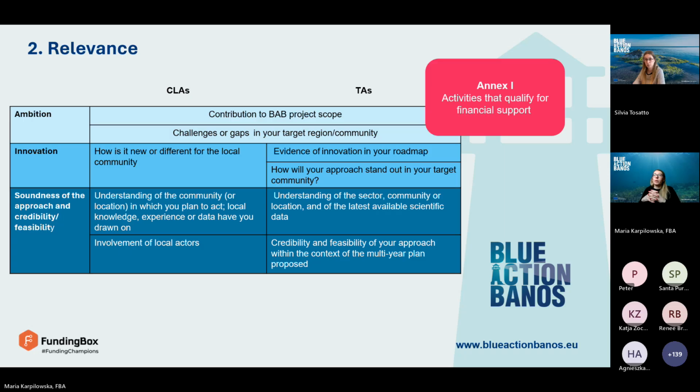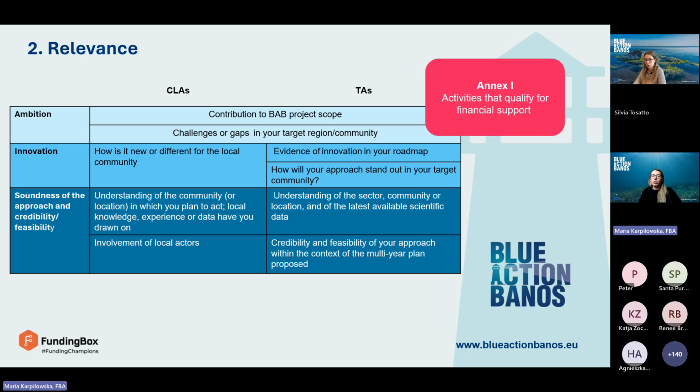So the text you put in this section of the proposal should show the evaluators that you really fit with the project scope, that what you propose is an eligible activity to be funded, that it's connected with Mission Ocean goals, that it's connected with BANOS region, BANOS area, and that you see a problem you are trying to solve within your region or community.